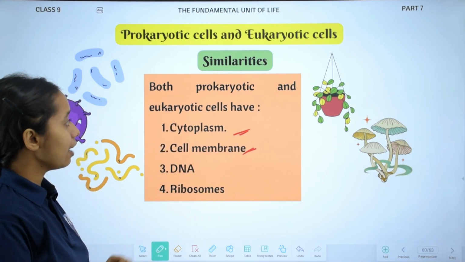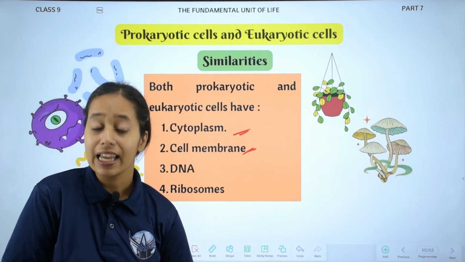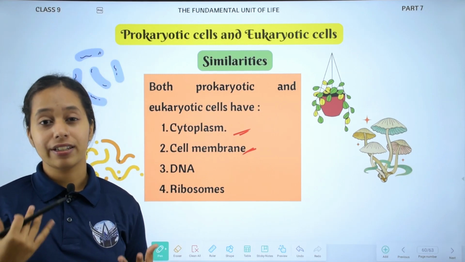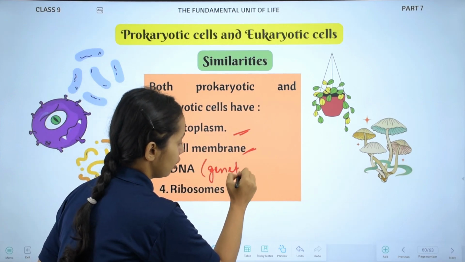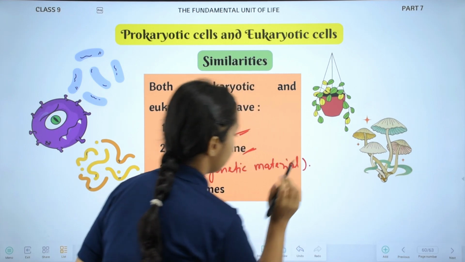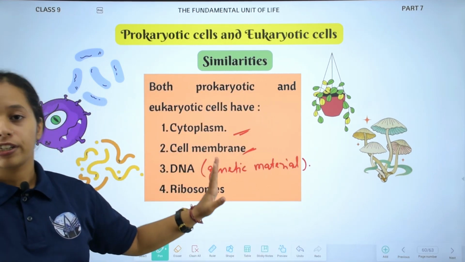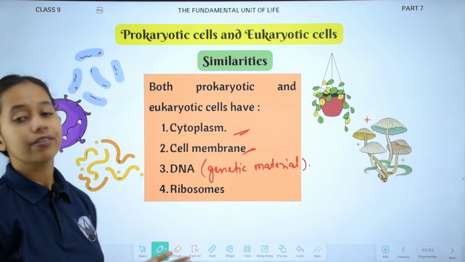Then number 3, both prokaryotic and eukaryotic cells will have DNA, which is the genetic material of the cell. And then number 4, they will have ribosomes.